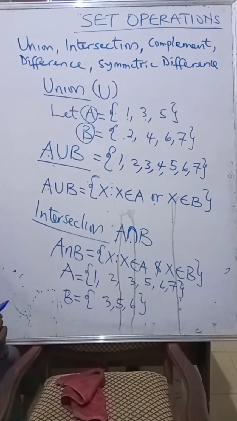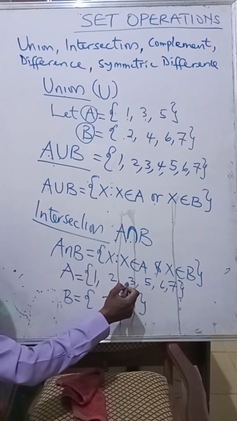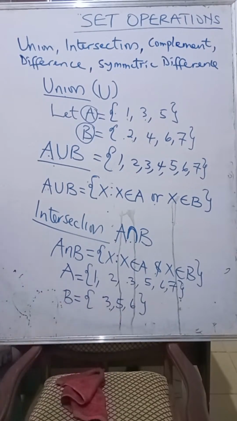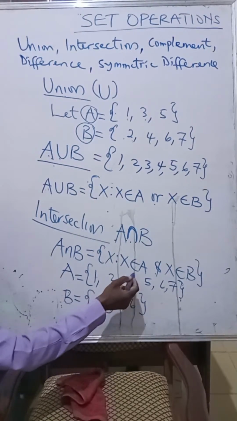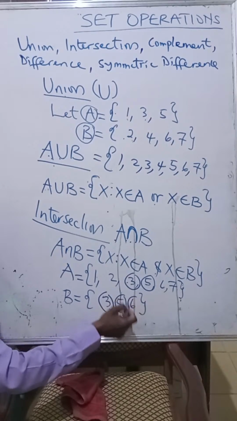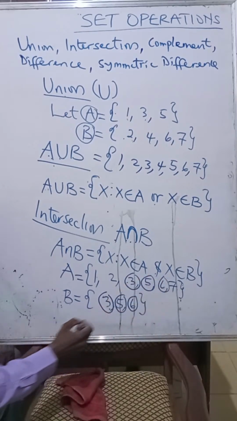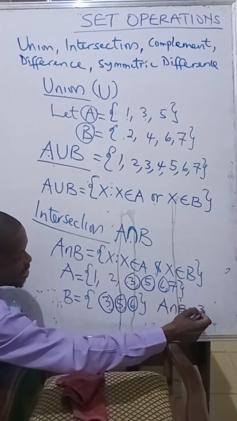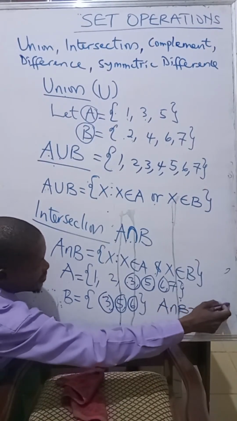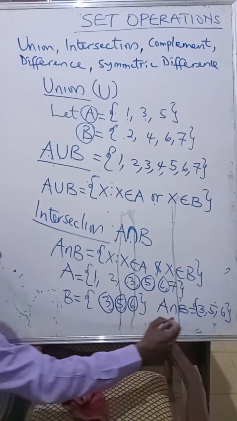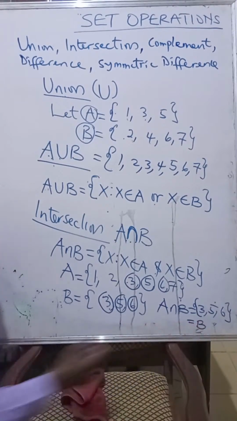The intersection is the element you can find in A, and at the same time, you can find it in B. 3 is here, it's also here. 5 is here, 5 is also here. 6 is here, 6 is also here. So the intersection A intersect B is the set of 3, 5, 6, which is equal to set B.